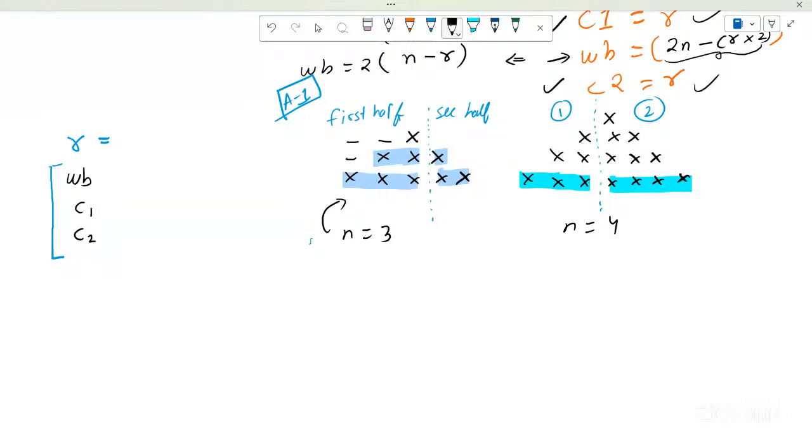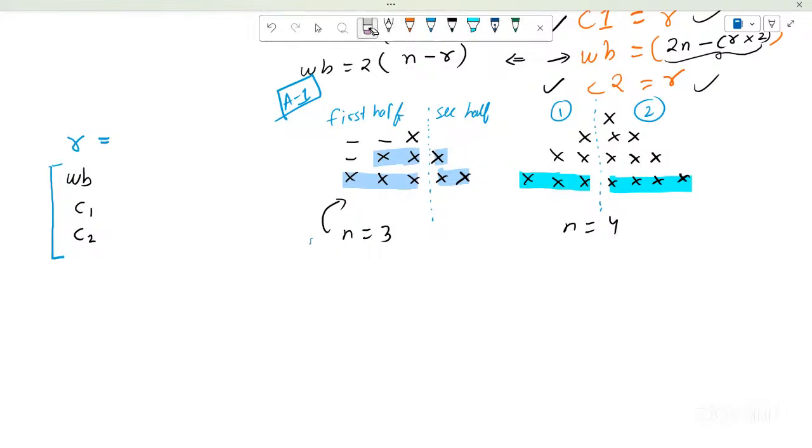Or do you want to combine them into a single C and print it? Which way should we move forward? C1 and C2, or should we combine them? It's just about establishing the relationship. So let's look into both the ways.